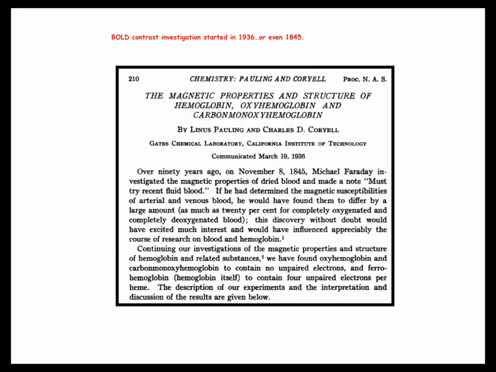So this is basically just quickly going over that again. This was Linus Pauling's paper where he actually describes the susceptibility effects. And he sort of criticizes Michael Faraday, saying that if he would have just had blood in suspension as opposed to dried blood, he would have discovered this way earlier than myself. But he didn't.